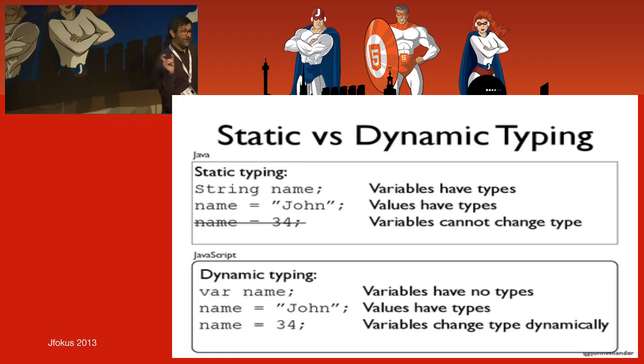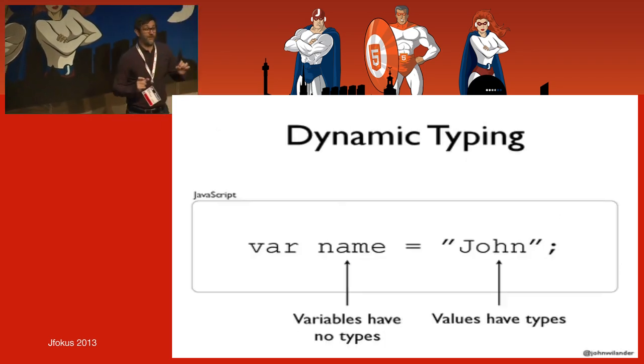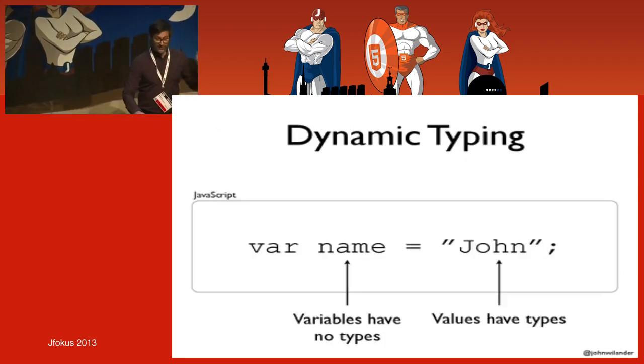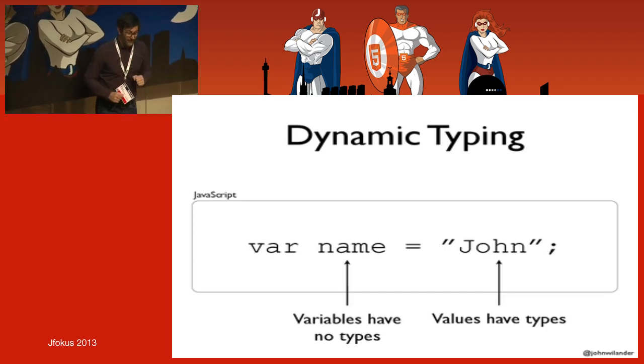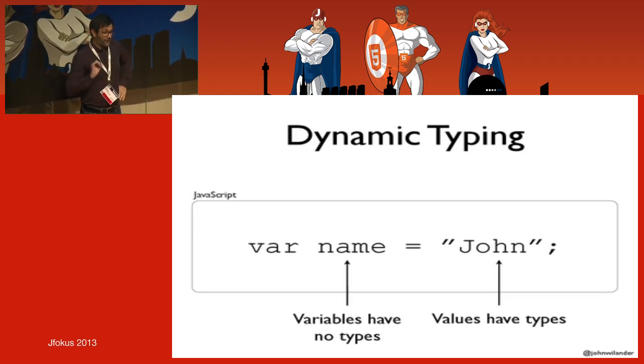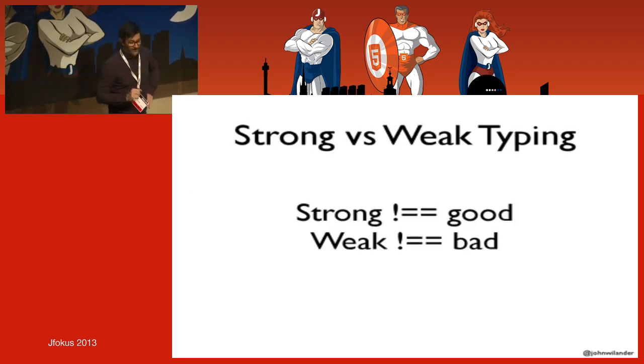And what dynamic typing means is that the variable actually switches type dynamically. So this is the JavaScript case. You can have a variable name, it has no type, but values have type, and the variable will switch to whatever type its value currently has.